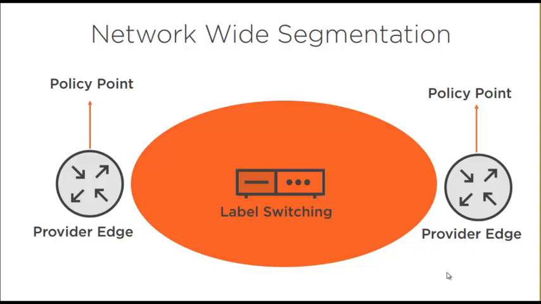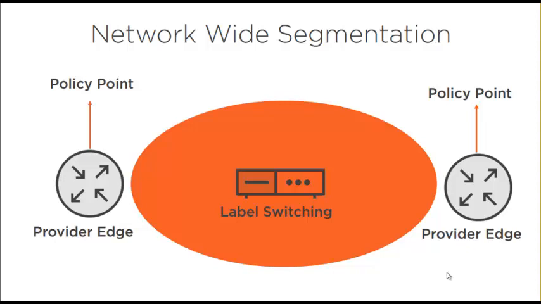You can imagine you can have 65,000 MPLS layer 3 VPNs, 65,000 VRFs. So many VPNs in the SD-WAN solution we use.